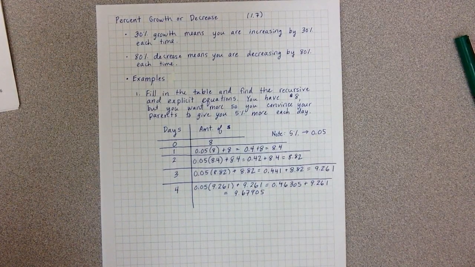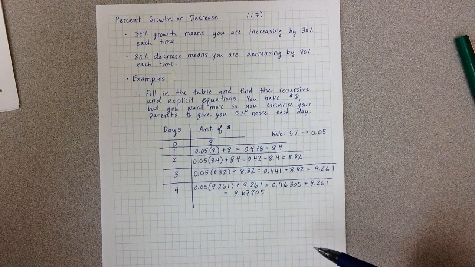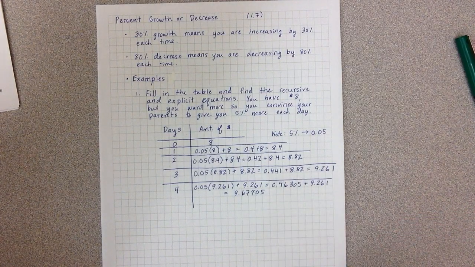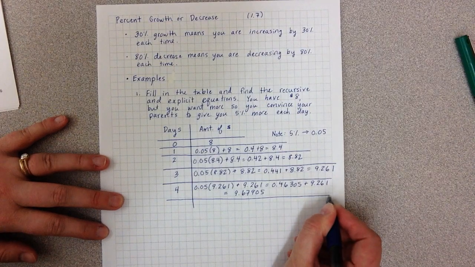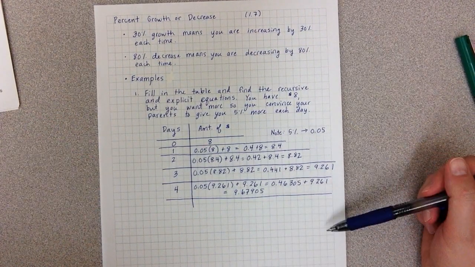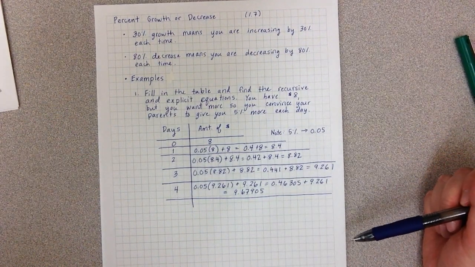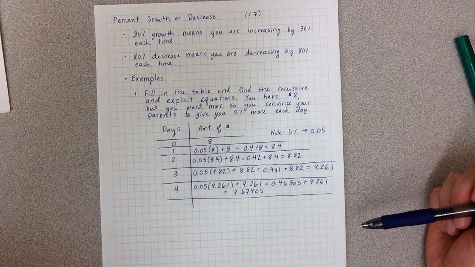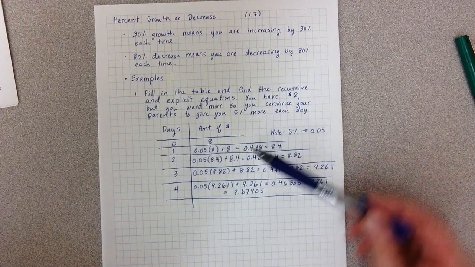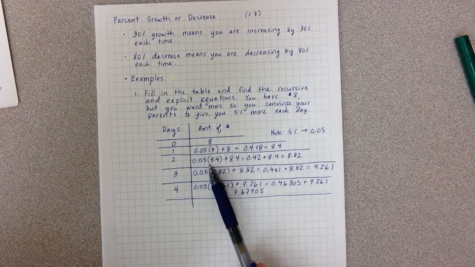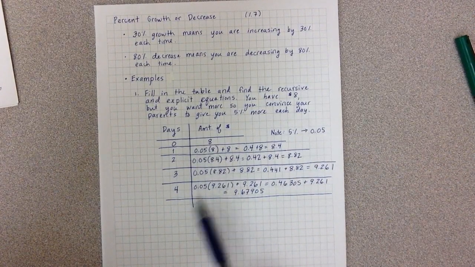So I'd rather not continue this process of filling in this table over and over again. So I want to see what my pattern is here, because I'd like to get some formulas. I'm going to look back and I'm going to say, well, I know I'm multiplying stuff here. You can see that multiplication happening.